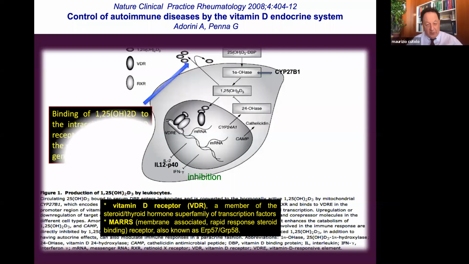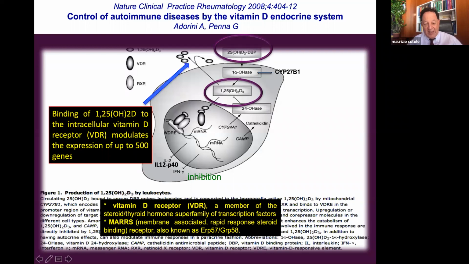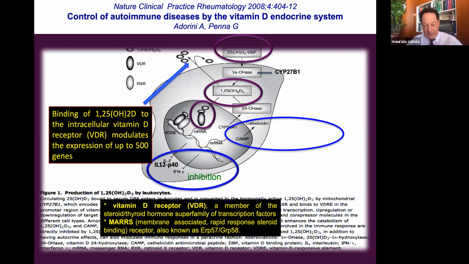And this is true, because when I told you that the cells of the immune system are capable to synthesize vitamin D, and vitamin D acts as a bacterial killer inside the phagolysosome, now it's clear the antibacterial activity of macrophages in the granuloma explains the success of the sun to protect from the infection.